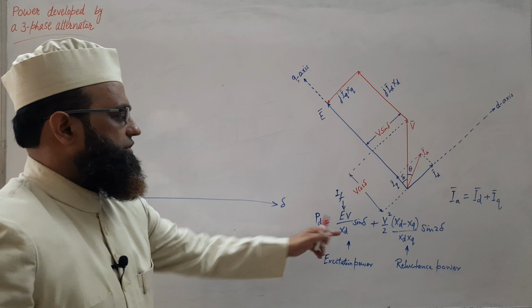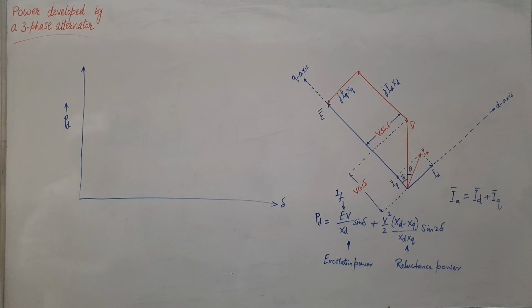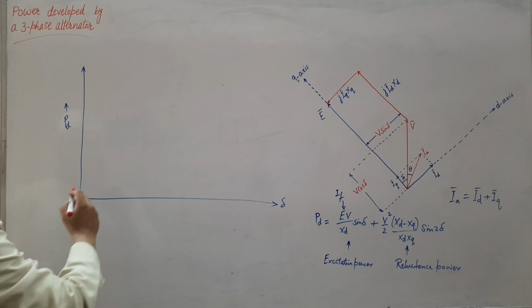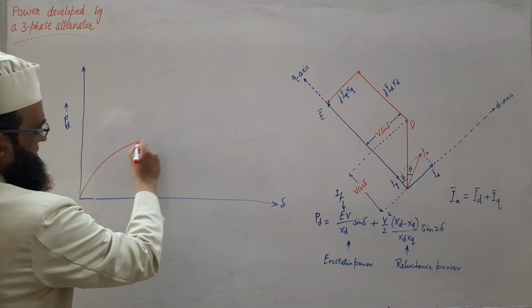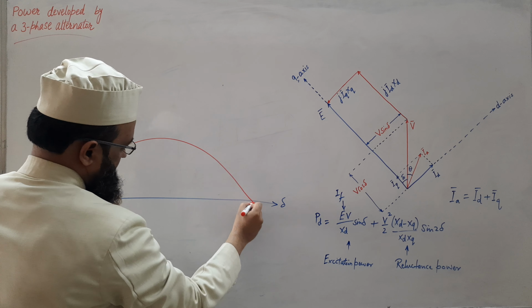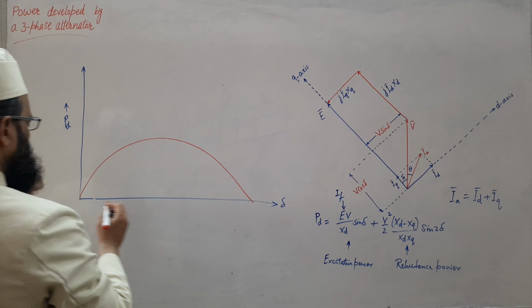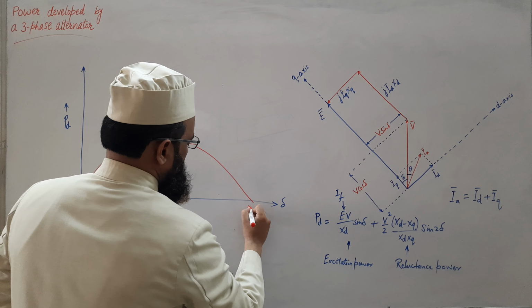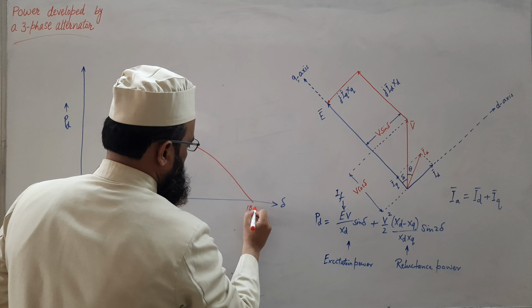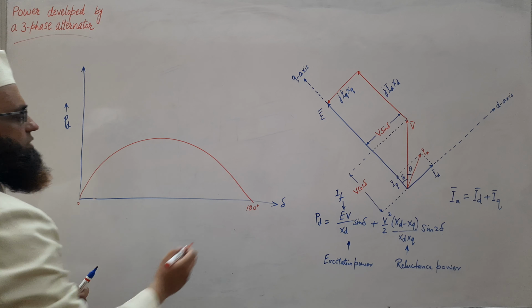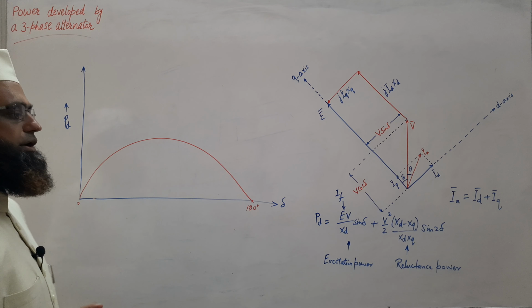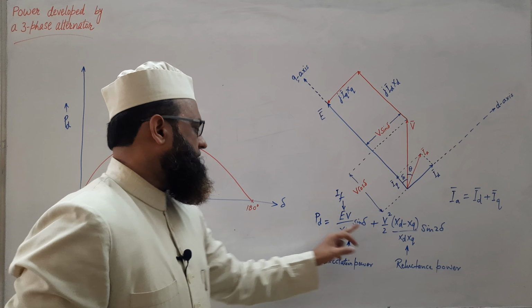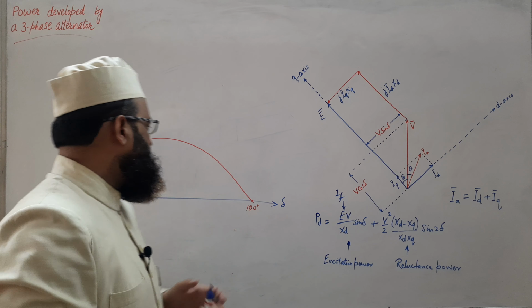So, first draw for this, EV by X sin delta. It will be something like this, again I am drawing between 0 and pi or 180 degrees. It will cross at 180 degrees. When delta is 0, power is 0, and when delta is 180, it is 0 again.